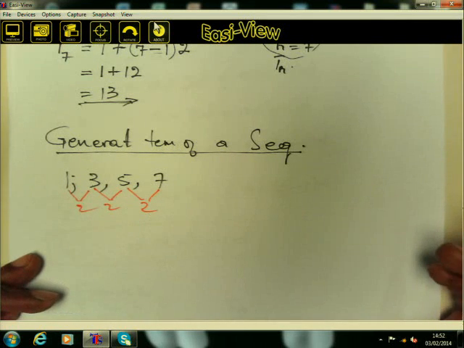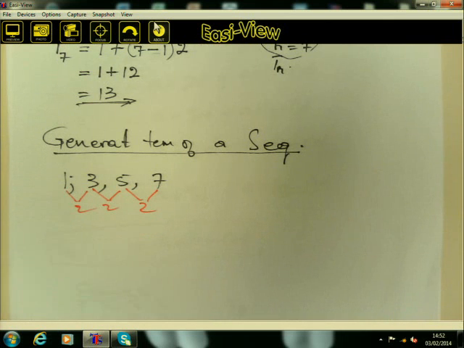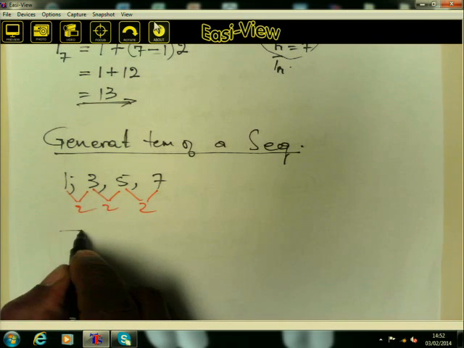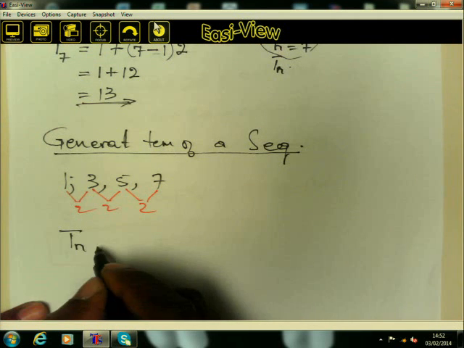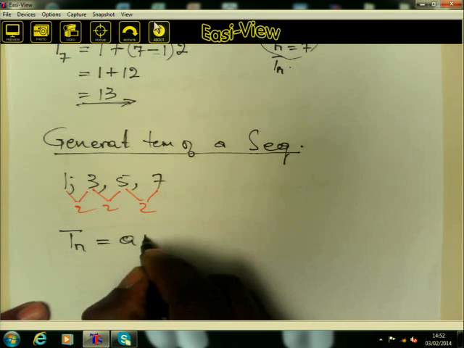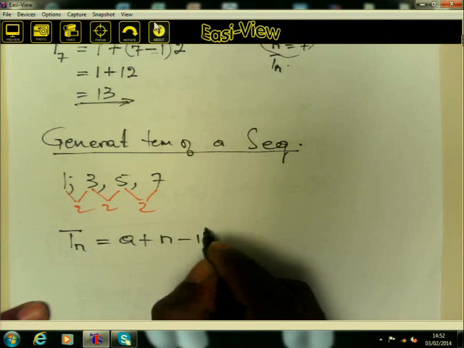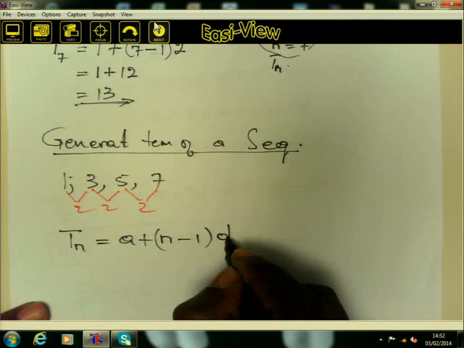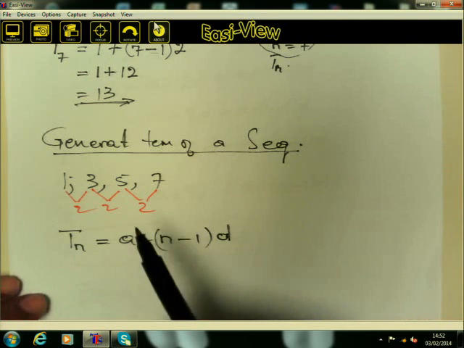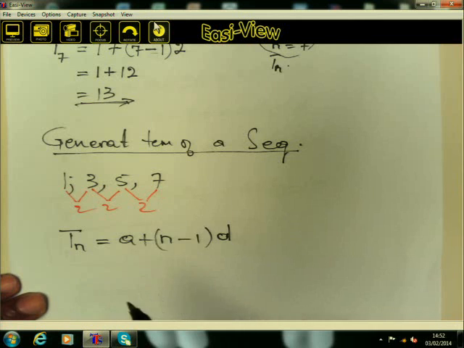So it is arithmetic. For the arithmetic, we are using Tn equals a plus n minus 1 multiplied by the common difference d. So what is the general term for this?